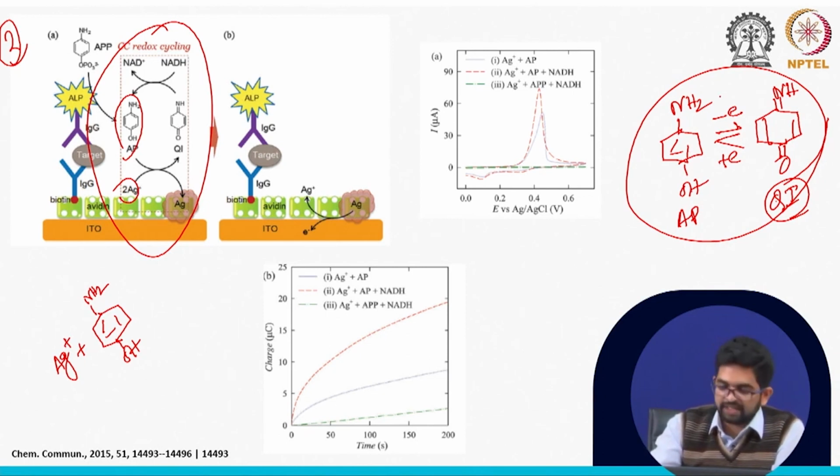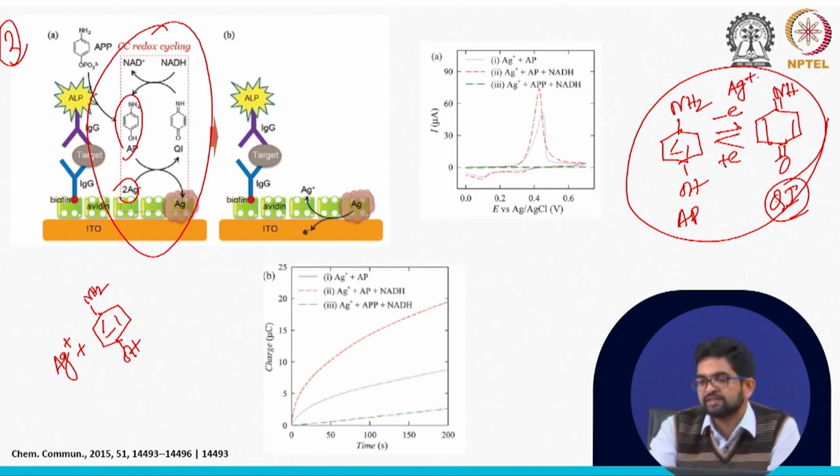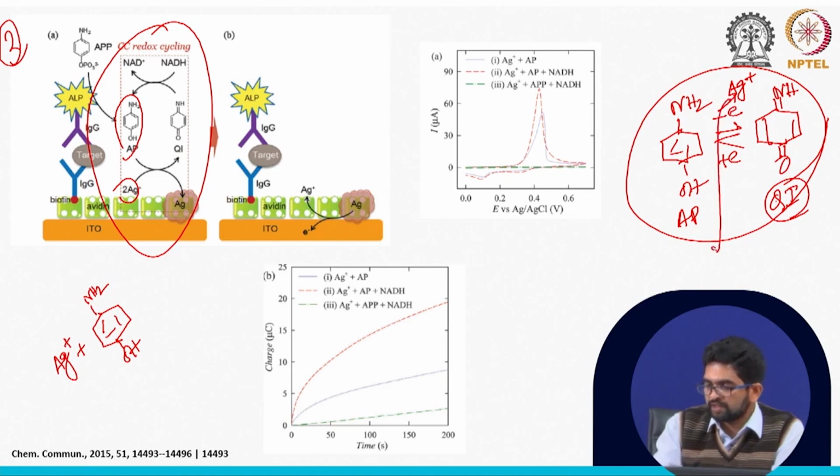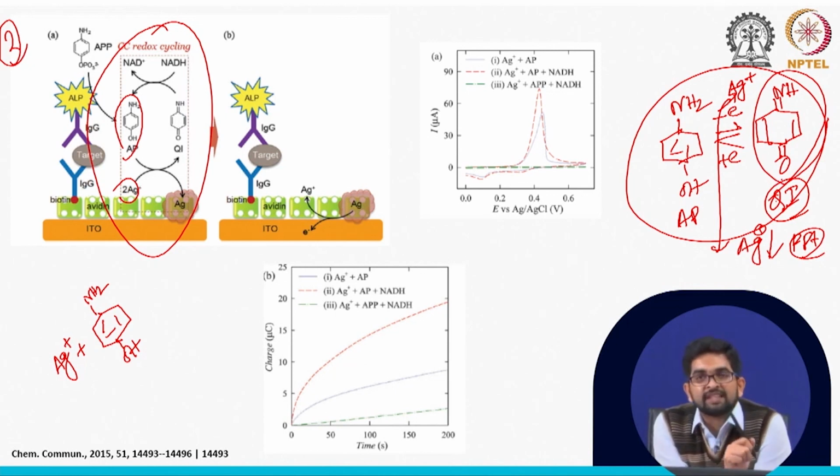So if you have some electron acceptor, what is the electron acceptor? Silver ion. You can use one silver ion, Ag+. It can accept one electron from the aminophenol, then it will form silver 0. So silver 0 will precipitate, and aminophenol will form the quinoneimine. This is the very basic chemistry.